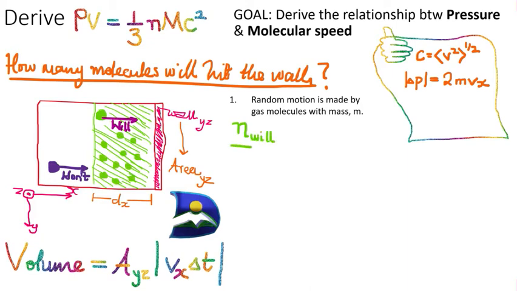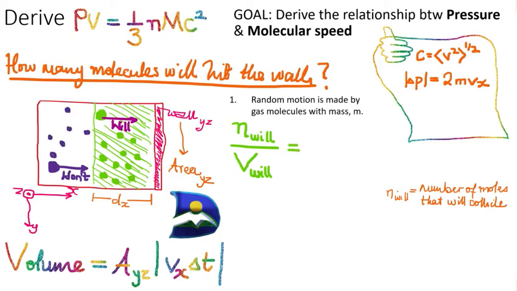This relationship tells us that the number of moles of molecules that are going to hit the wall is in the ratio with the volume, and this is equal in terms of the ratio to the total number of moles divided by the total volume of that particular container.